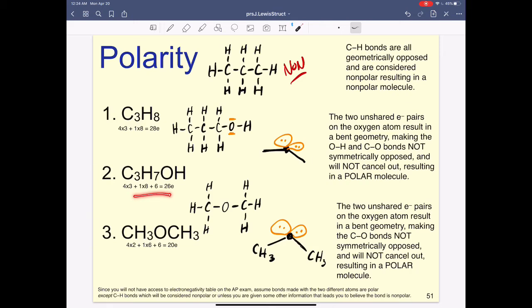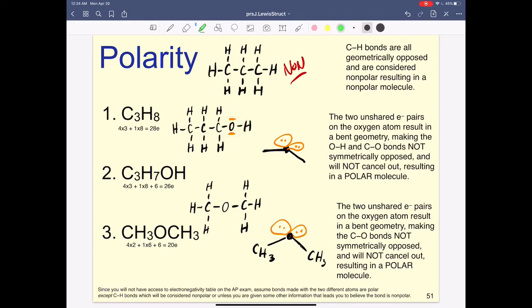In propanol, the oxygen-hydrogen bond and carbon-oxygen bonds will be polar bonds. And importantly, notice that there are 4 domains around the oxygen.